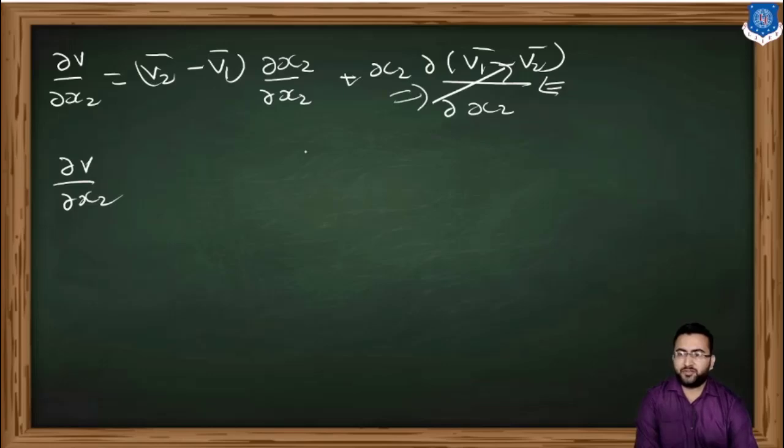So we can say that del V upon del x2 is equal to V2 bar minus V1 bar. Here we are applying the multiplication rule.